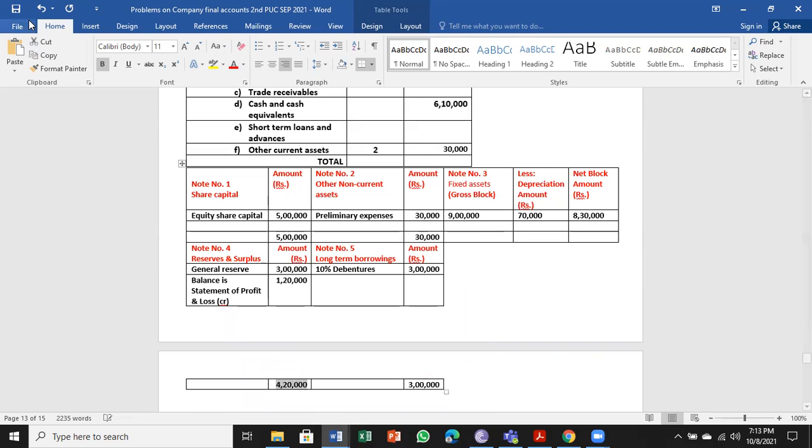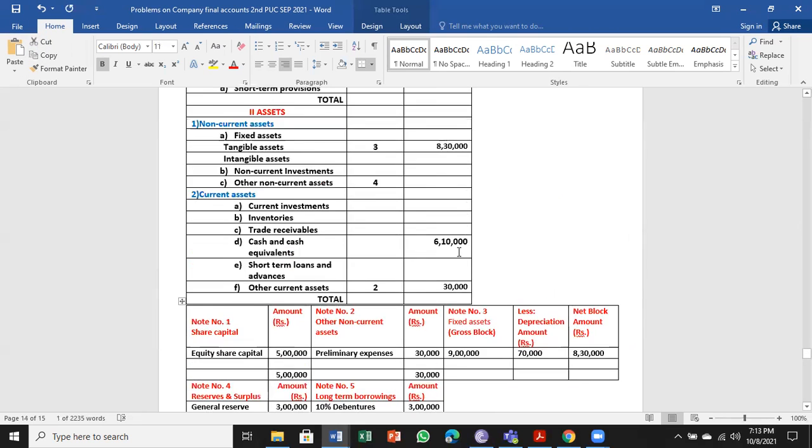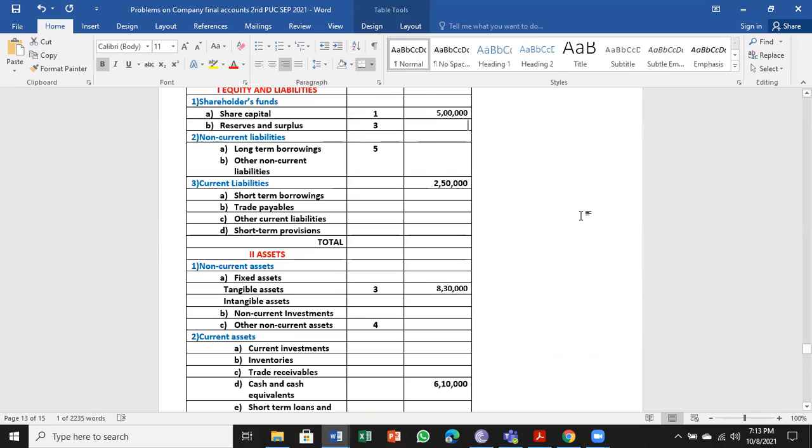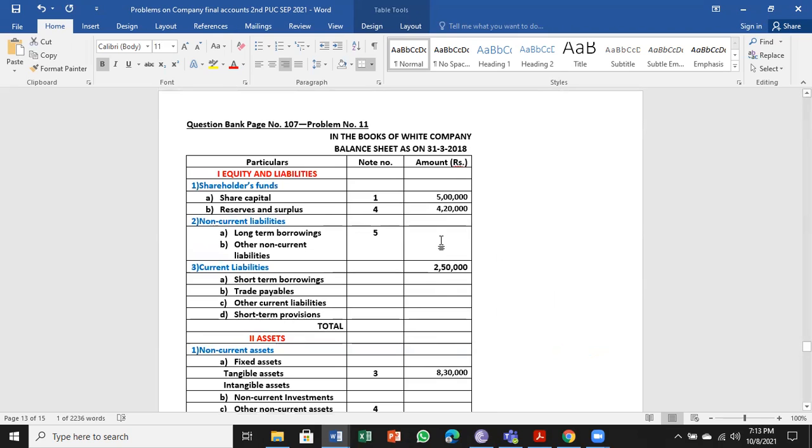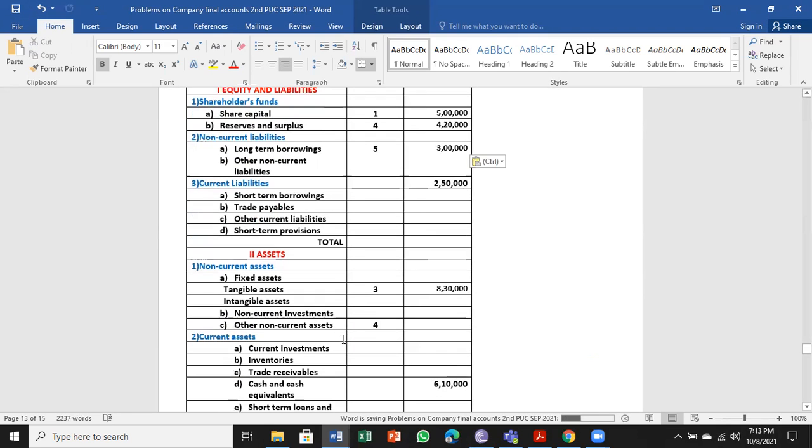Note number 4, reserves and surplus. Note number 5, long-term borrowings. So all 5 notes totals I have taken over here.